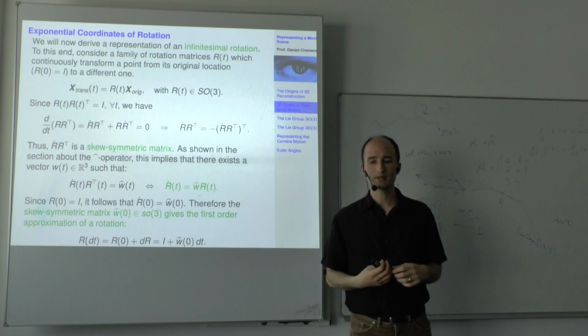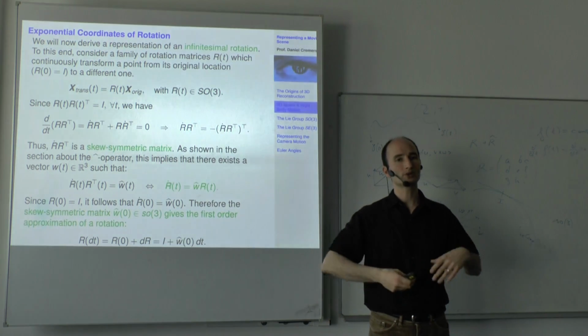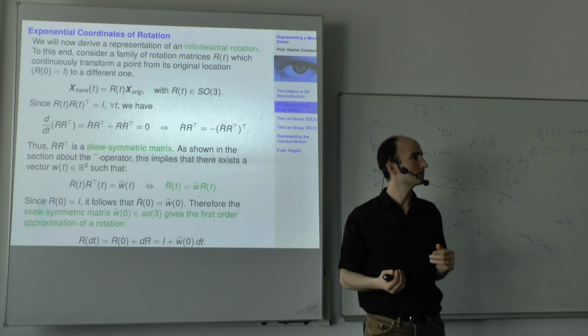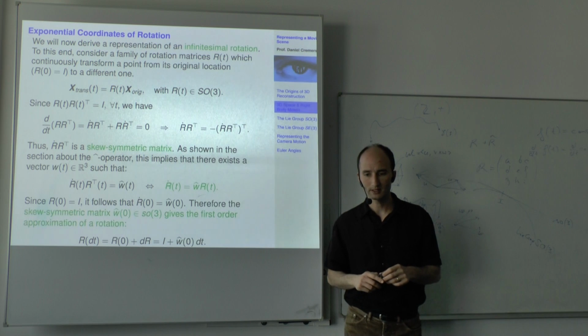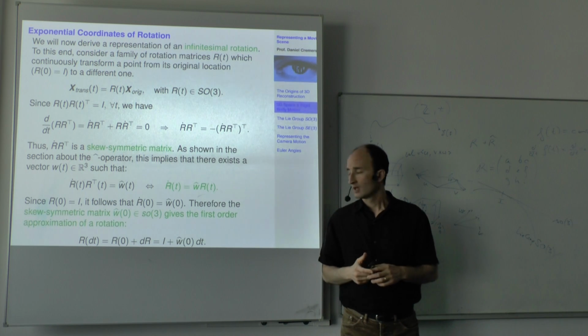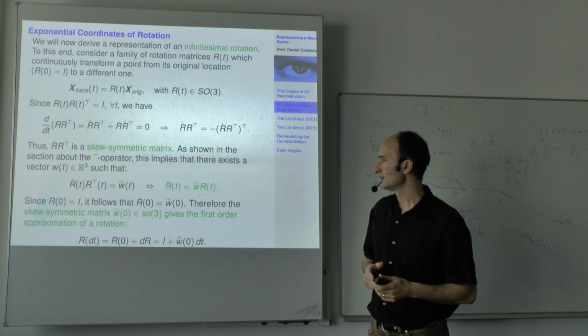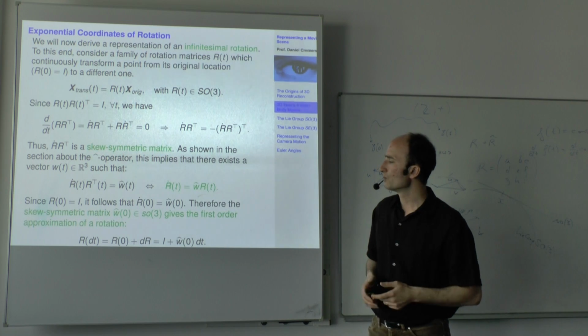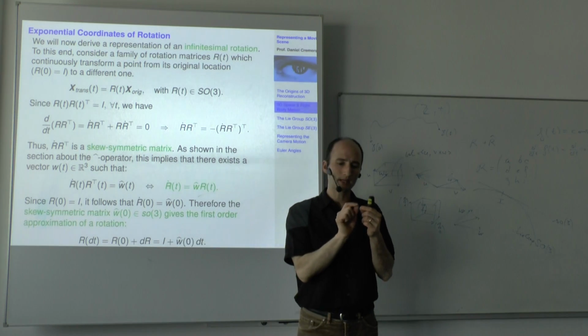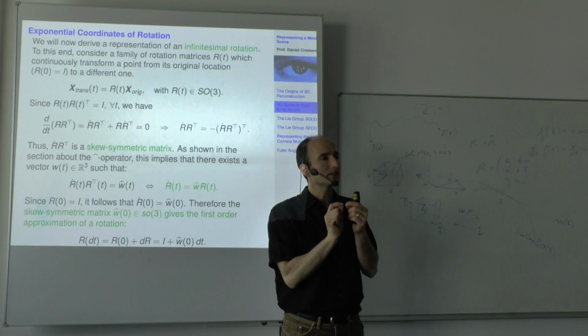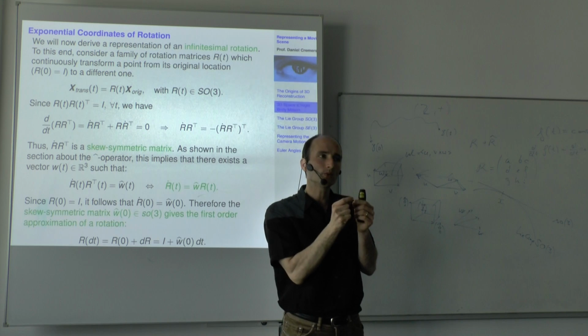And these skew-symmetric matrices form a linear space, so if you sum them, they stay skew-symmetric. You can do linear combinations and you stay in that space. And once you have an infinitesimal rotation, so now we're looking at the rotation not at 0, but just ever so slightly away from 0.